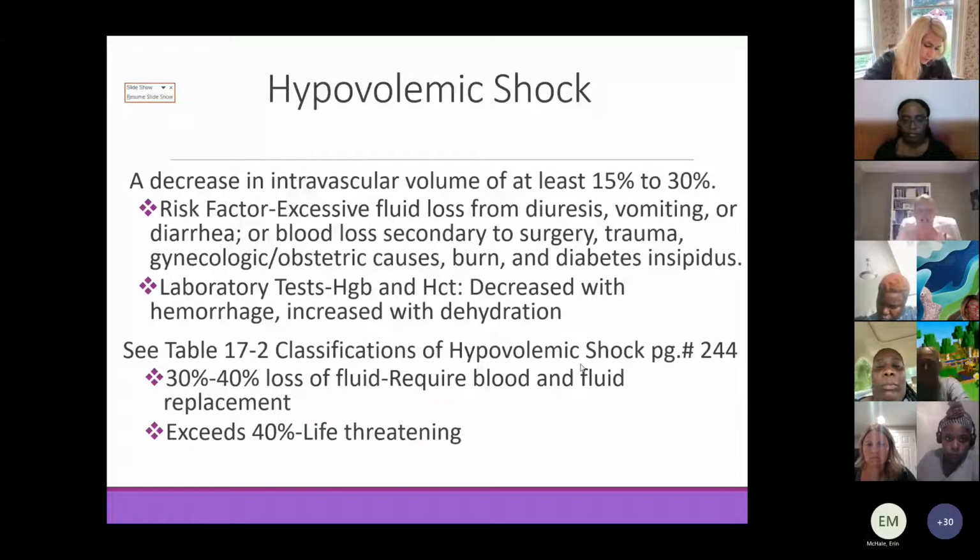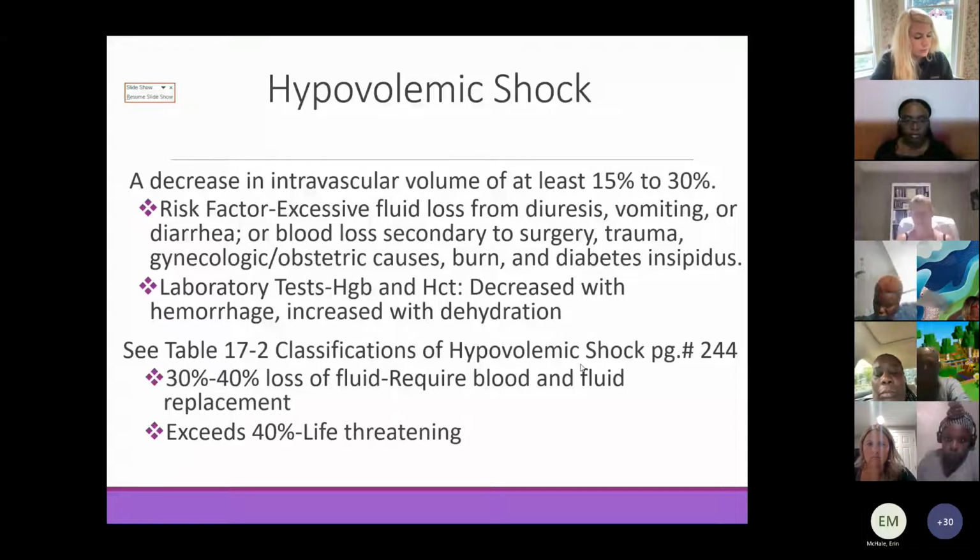Anybody that's losing that amount of blood or is dehydrated to the point where they've lost 15 to 30% of their circulation is going to have hypovolemic shock. People at risk are people that are losing a lot of fluid.